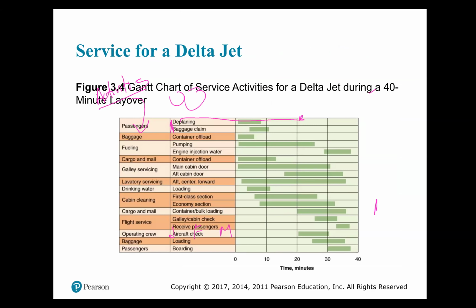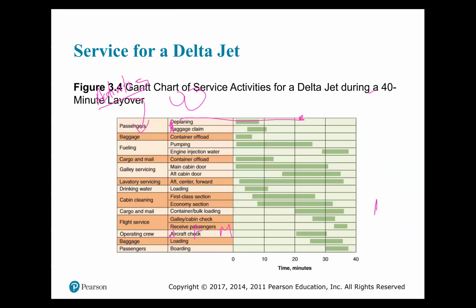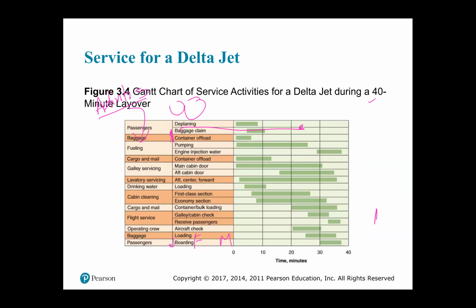Now, Gantt charts are still used in industry, and they're used in very important places too. So those of you who plan to go off in the summer on your work and study, if you're going to take a Delta flight, when the plane lays over, the Gantt chart is oftentimes used to display the service activities for the airplane.